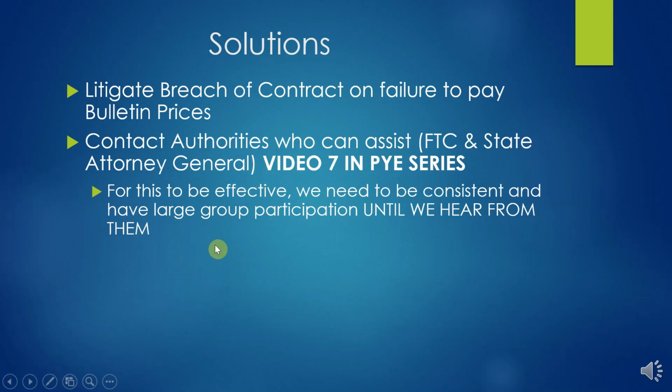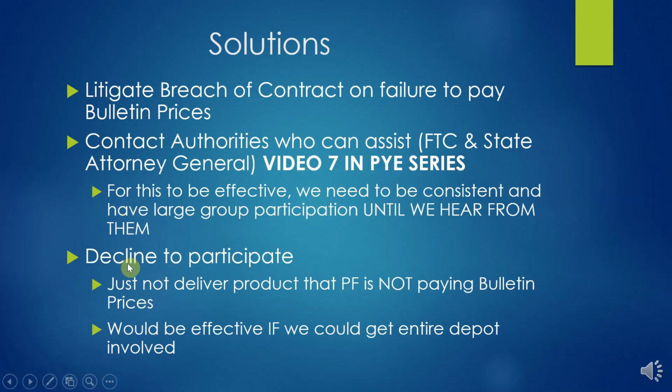But for this to be effective, we need to have a large group contact them consistently until we hear from them. If we only have a few dozen people emailing or contacting them, more than likely nothing is going to happen. But if we have hundreds of people, if not thousands of people, contacting them on a monthly basis when this is happening, then they will have to look into this.